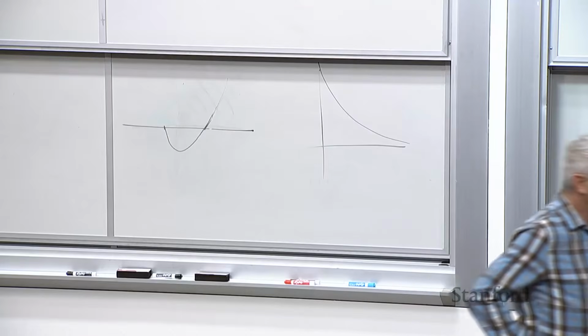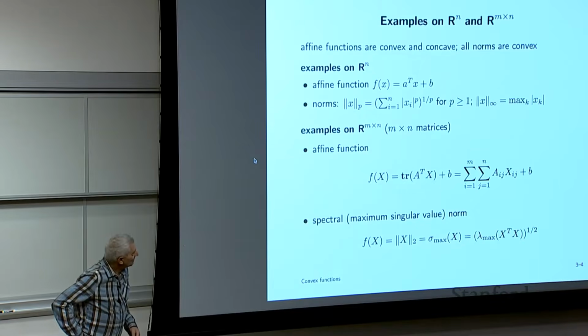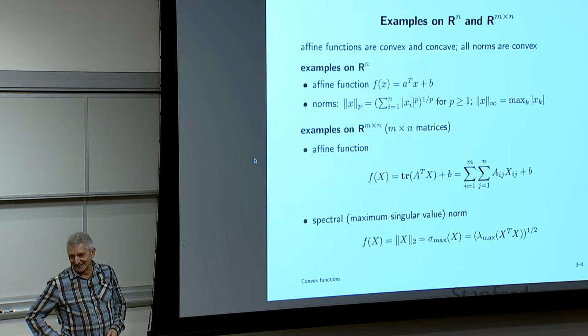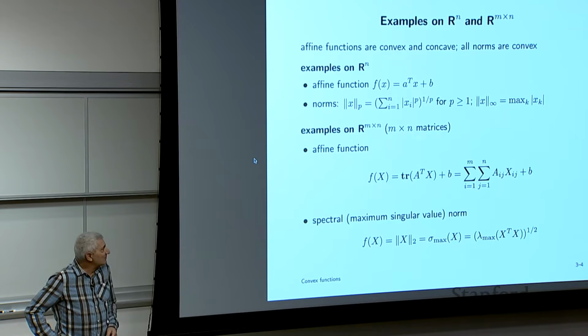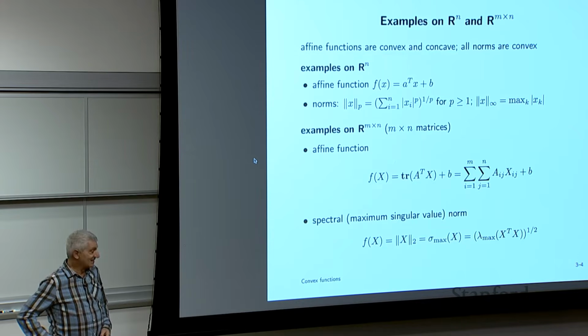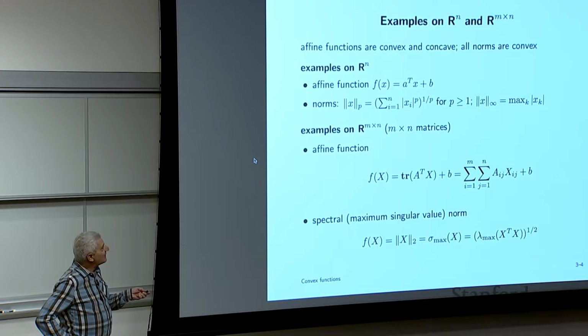You might ask, what do you use that for? And the answer is, I don't know. But the 1 norm, that's reasonable. The 1 norm is the sum of the absolute values. That makes sense in a lot of applications. And then the infinity norm is defined to be the maximum.